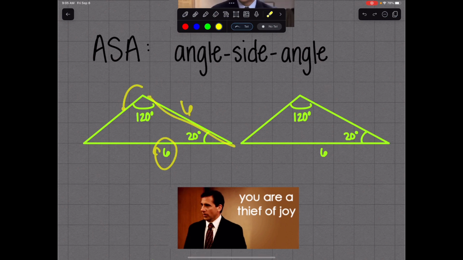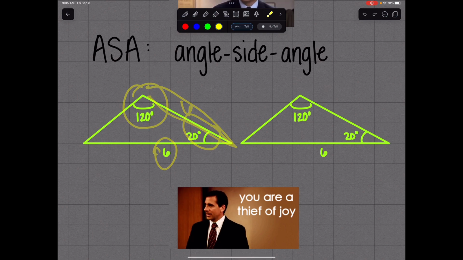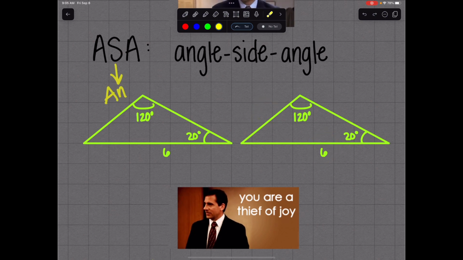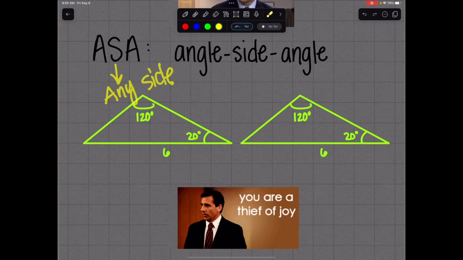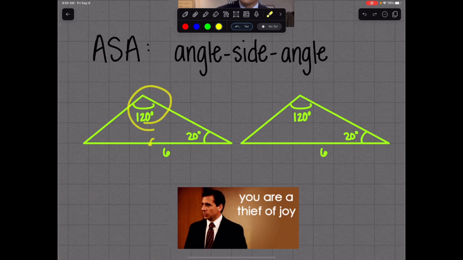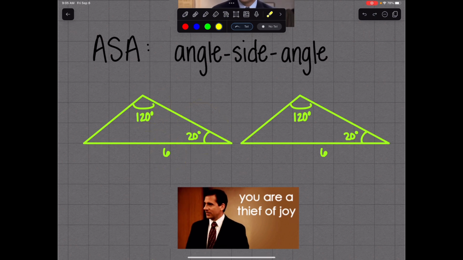It does not have to be between the 2 angles. It can be any side. So angle, side, angle, and this can be any side. As long as you have an angle and one side and one angle that is congruent between 2 triangles, then you have congruent triangles. Bam, easy as that.